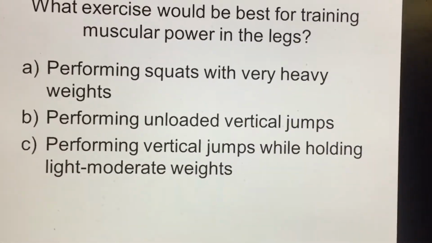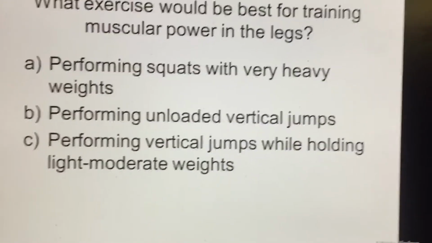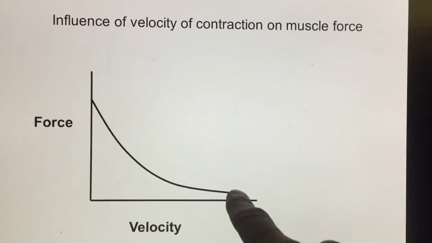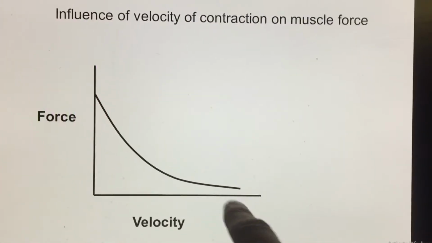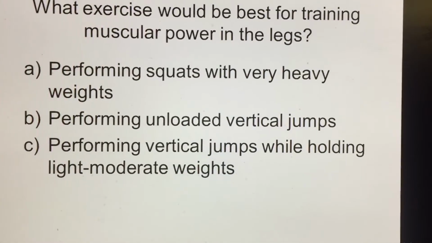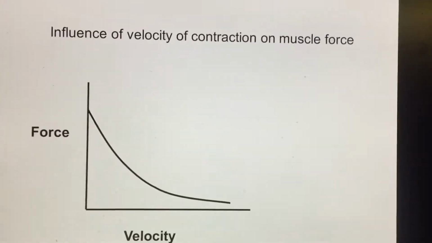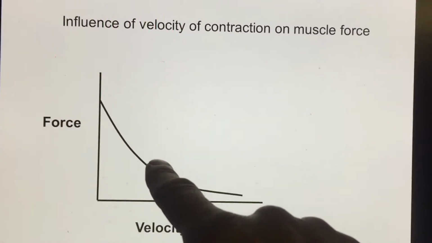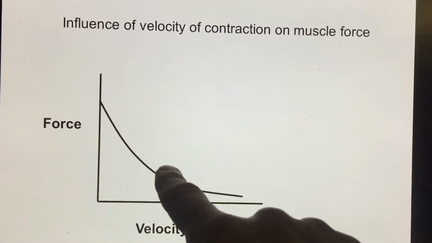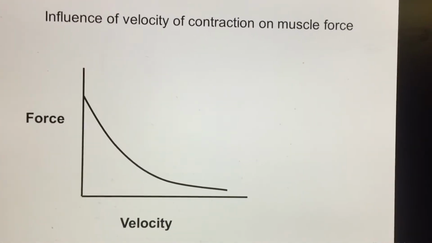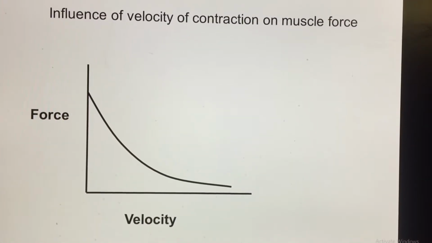Performing unloaded vertical jumps, you're probably moving at a very high velocity, but your force output isn't going to be that high. Whereas performing vertical jumps while holding light to moderate weights, you can probably move at a moderate velocity and you're generating a moderate amount of force because you're holding a light to moderate amount of weight.